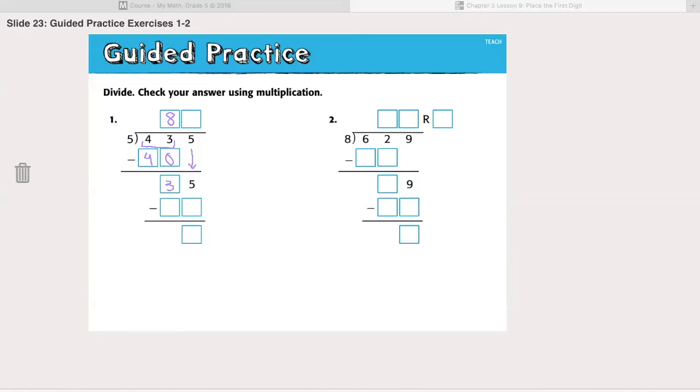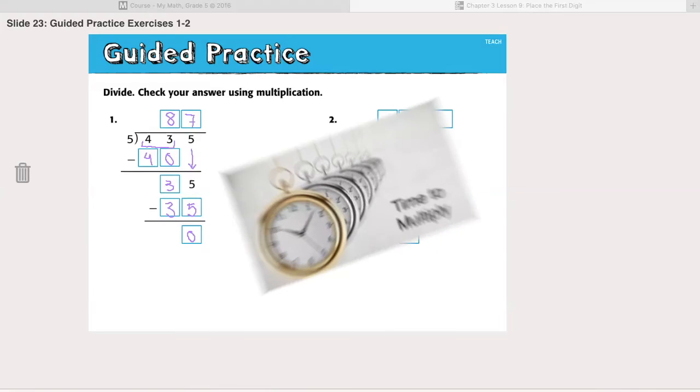Repeat. 35 divided by 5 is 7. 7 times 5 is 35. 35 minus 35 is 0, so our remainder is 0, and our quotient is 87. Again, the importance of this lesson is placing the quotient starting over the tens place, because the hundreds place was not big enough to be divided by our divisor.